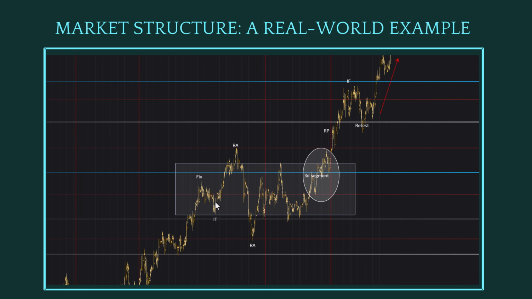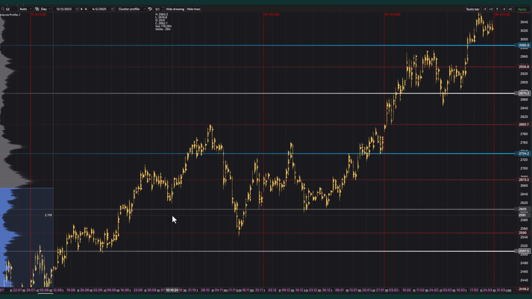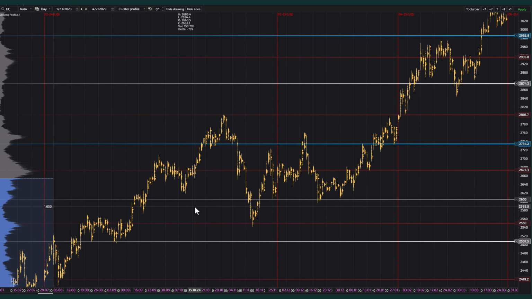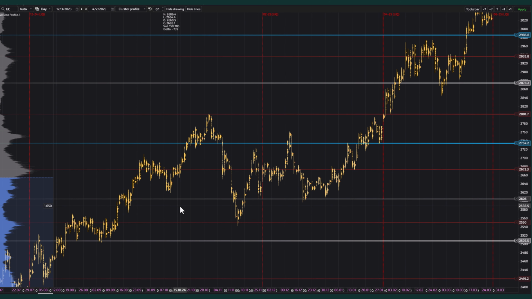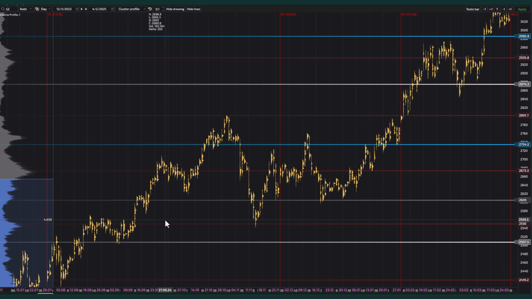Now, here you see an example of the gold chart. Let me walk you through one another balance. This is gold. I'm showing you different instruments on purpose to show you that usually I trade ES, by the way, S&P 500. This is my favorite and the only actual tool I'm trading. So this is gold.